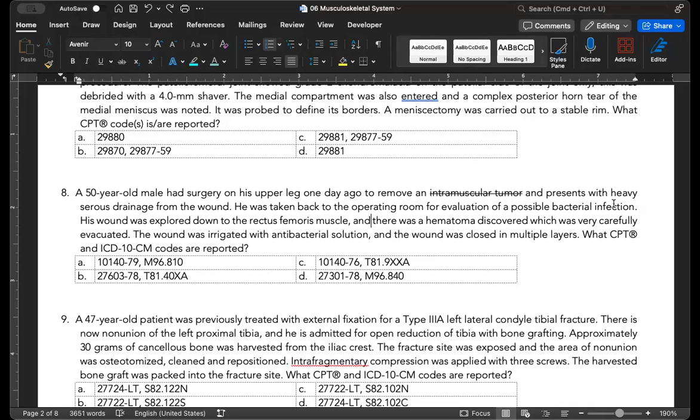There has to be a cause and effect relationship between the care that's provided and the condition. So in this scenario, they are telling you that he had this surgery a day ago, and the same wound from the surgery had that drainage, right? So there's your cause and effect relationship. That's why we can use our complication.